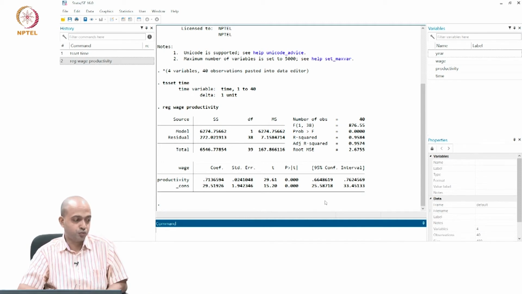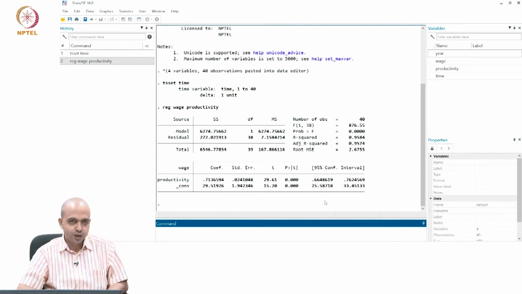So it is significant at the 1% level, highly significant. And look at your R-square, 0.9584, a high R-square, but still this result might be of less use unless we check for the autocorrelation problem.